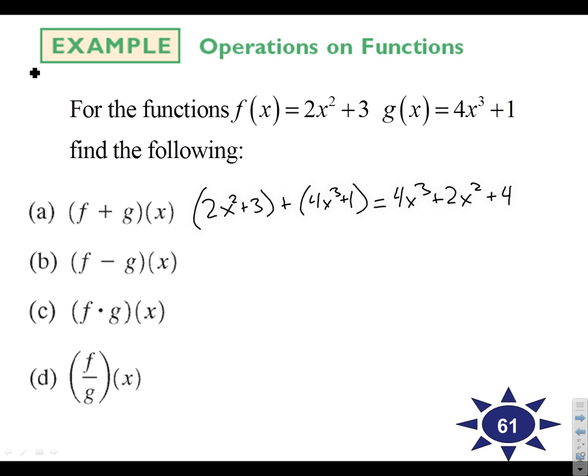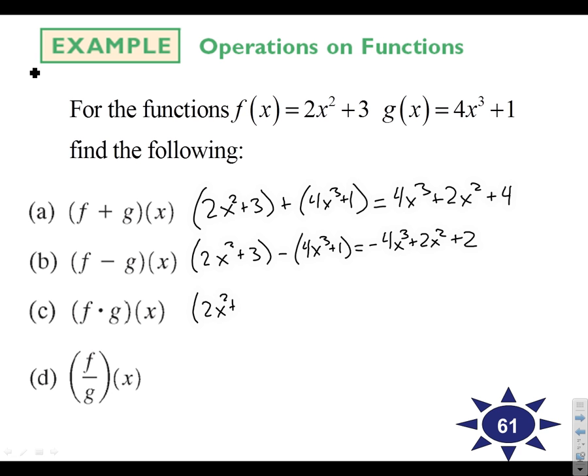What if we subtracted them? Same exact thing, but this time we're subtracting. So now we've got negative 4x cubed plus 2x squared plus 2, 3 minus 1. Let's multiply them together.